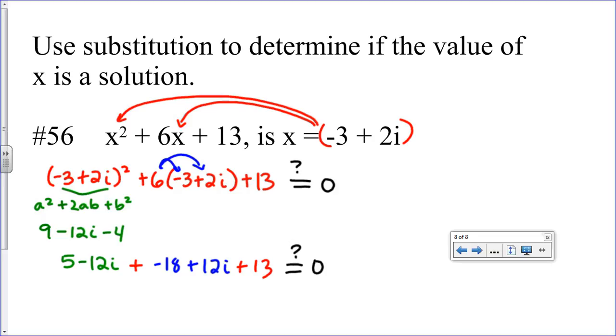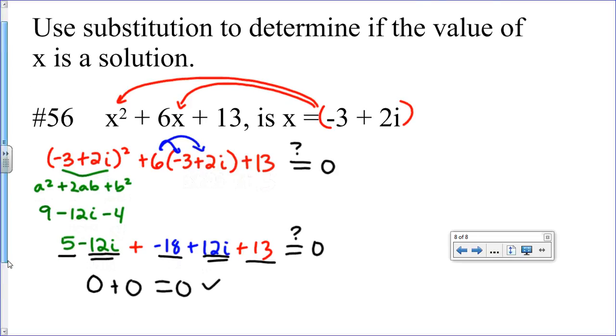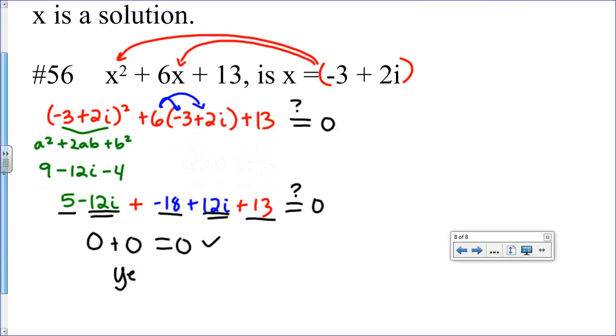And I want to know if that equals 0. 5 plus negative 18 plus 13 is 0. Negative 12i plus 12i is 0. 0 plus 0 does equal 0. So then I need to say yes, it is a solution. You need to answer yes or no.